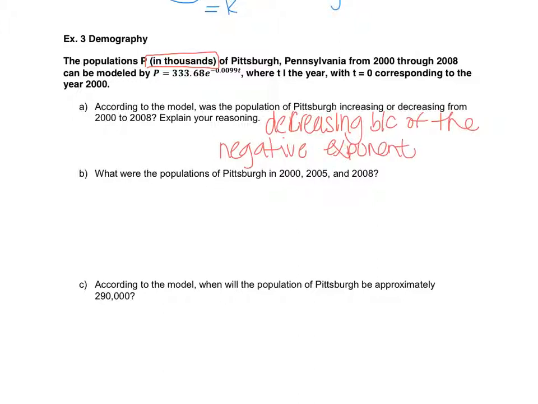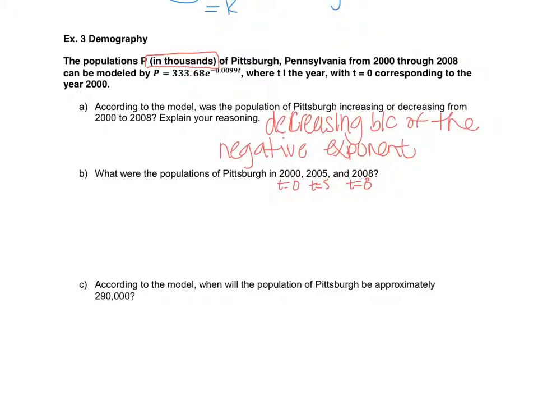And so now they're asking us to calculate populations in certain years. So remember, this is when we're using t equals 0. This would be when we would use t equals 5, and this would be when we would use t equals 8.